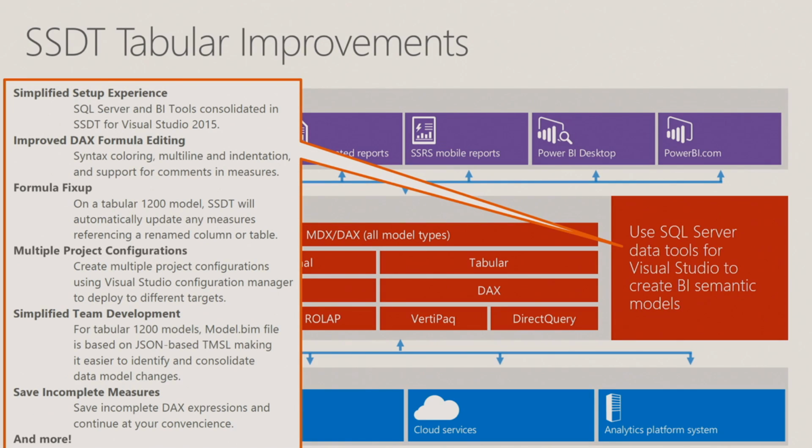Have you ever worked with a 2014 model that was nice and done and you renamed a column? And then you had to fix that all up manually yourself? Well, this is Formula Fix-Up now. With 1200, you don't have to do that anymore. When you rename a column, as you would perhaps expect, we are also renaming all the references. We rename it in the measures, we rename it in the relationships, and the model remains intact.